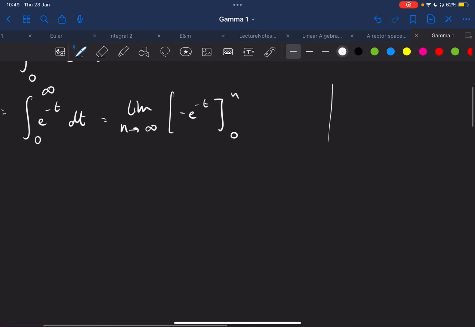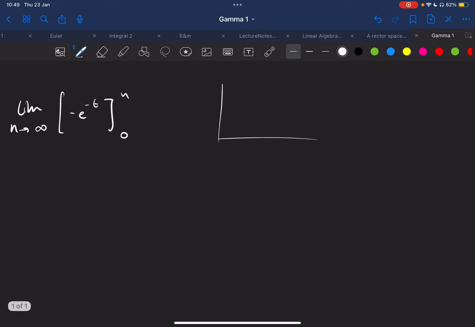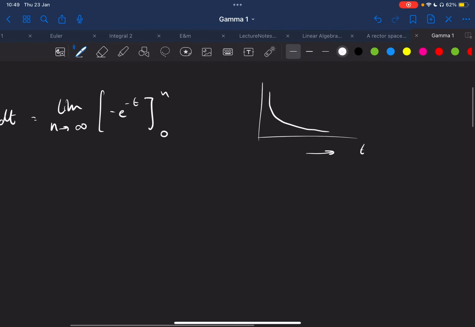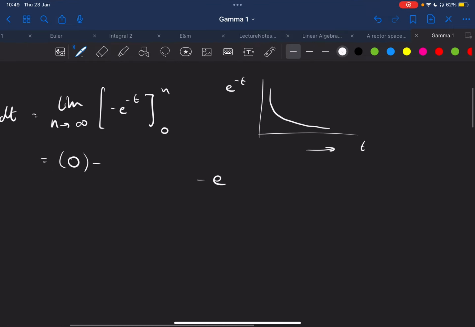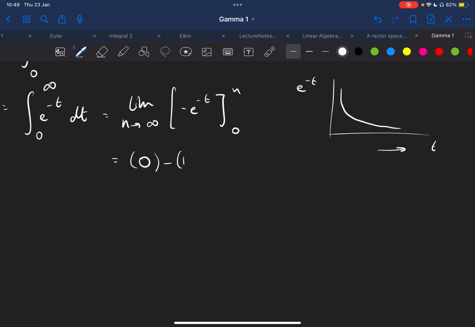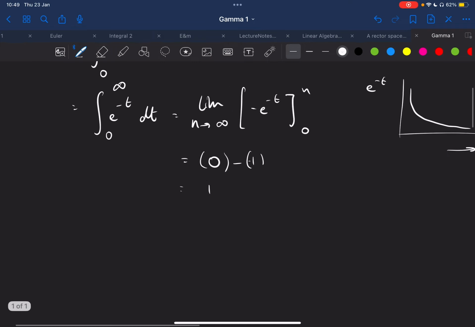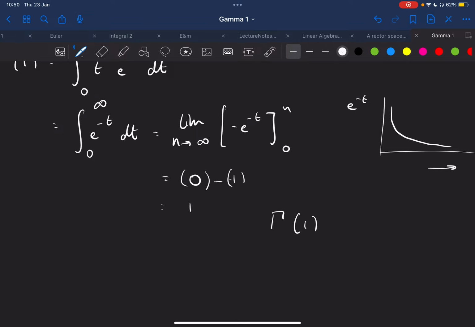If we look at the e to the negative t function, it's a pretty poor sketch, but it approaches 0 as t approaches infinity. So as n approaches infinity, it's 0, and we have minus e to the 0, which is just 1 by definition. So that's going to be minus minus 1, and we get that that's 1. So gamma of 1 equals 1.